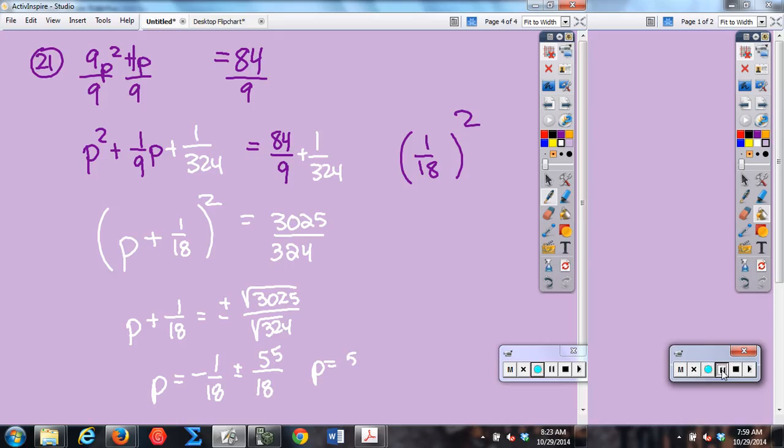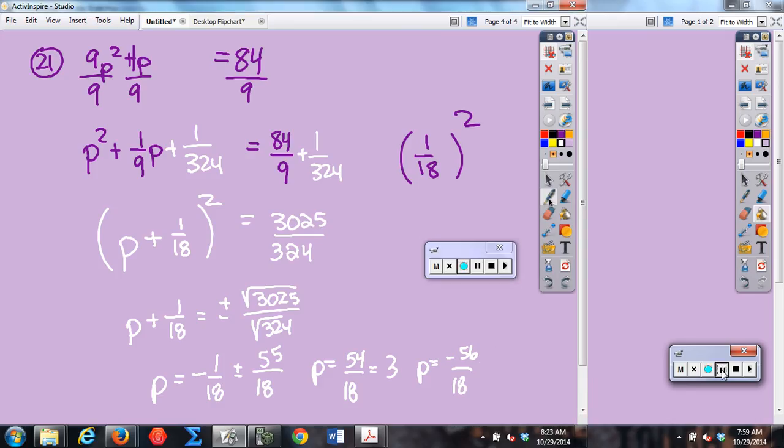And then simplify that, which is 3. And then negative 1 minus 55, so negative 56 over 18. This one and this one are your answers.